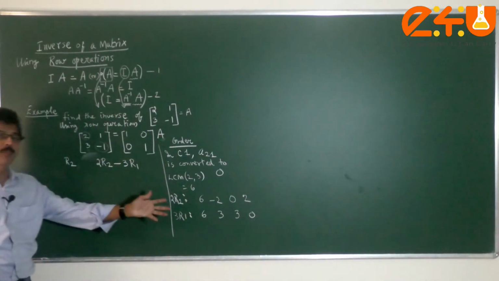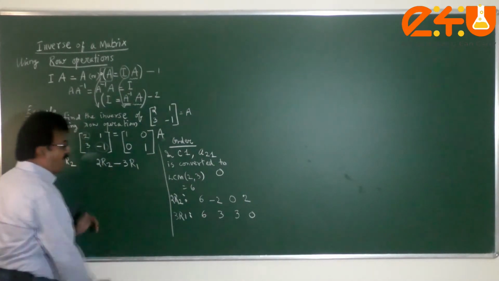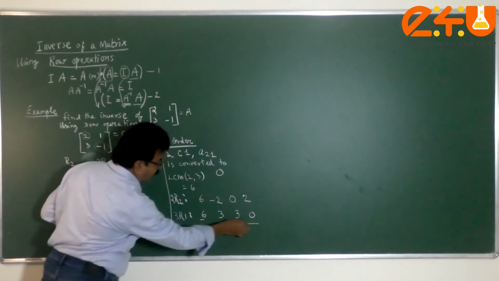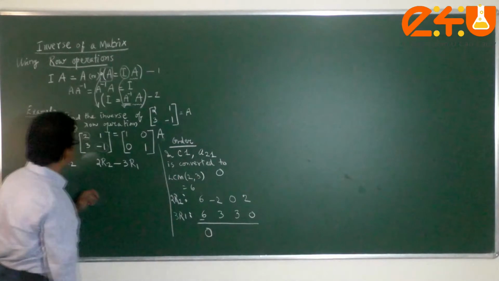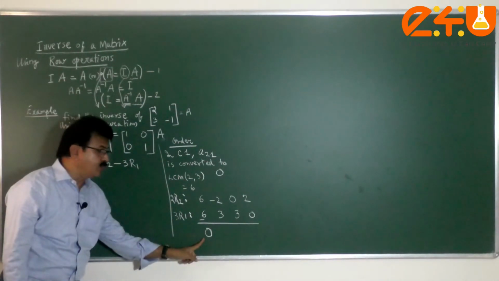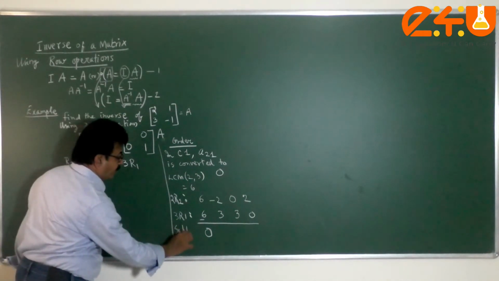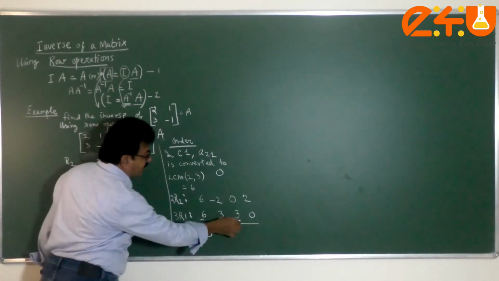So this is the implied meaning. And you are going to subtract, and only if you subtract will I be able to eliminate this position, that is the A21 position. I am able to convert it to 0. You are subtracting, because you are subtracting, the sign changes everywhere.